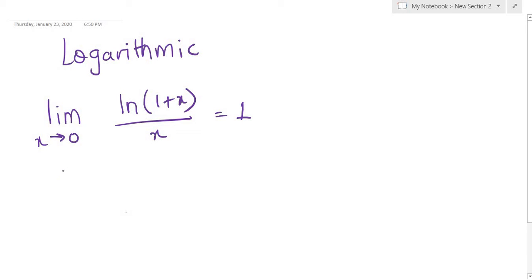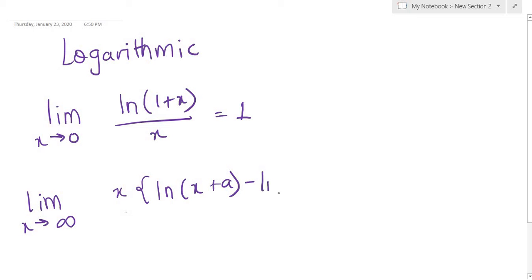So now let's apply the above identity in this example. The limit as x tends to infinity of x times (the natural log of (x plus a) minus the natural log of x).